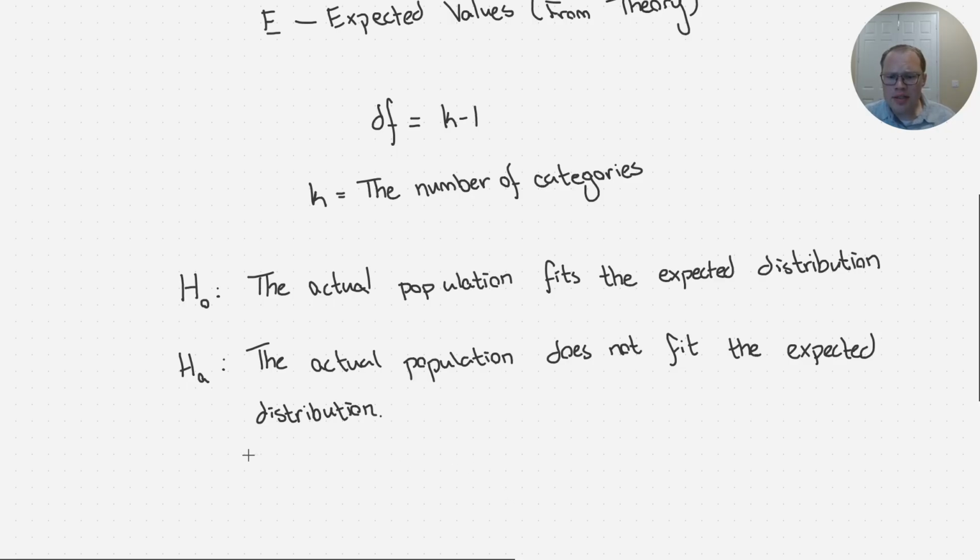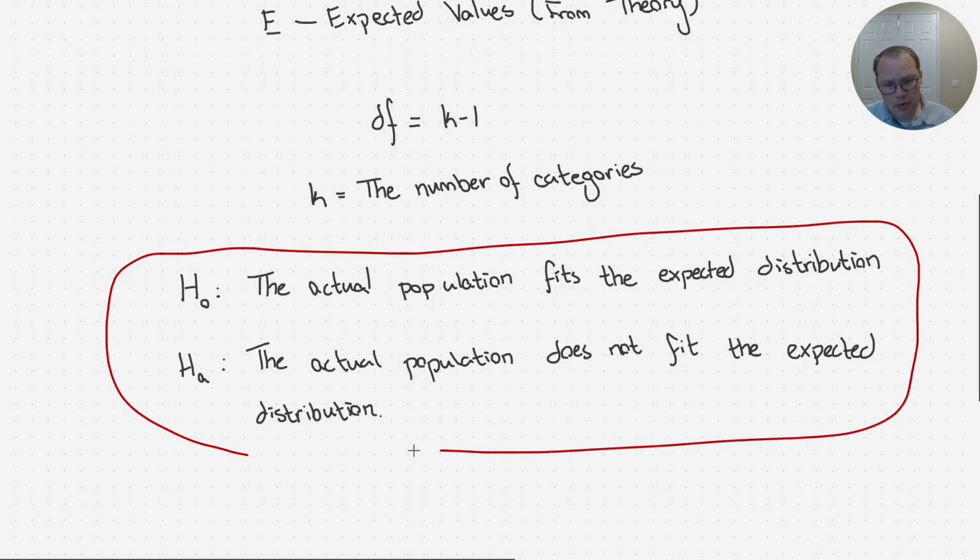When you actually write these out, they should be written in sentences. Whenever we've written hypotheses up to this point, we've written them in mathematical notation. But in this case, there isn't a simple mathematical way to express these hypotheses that is easy to interpret. So we write these in sentence form, but we make sure we write them in terms of the problem.